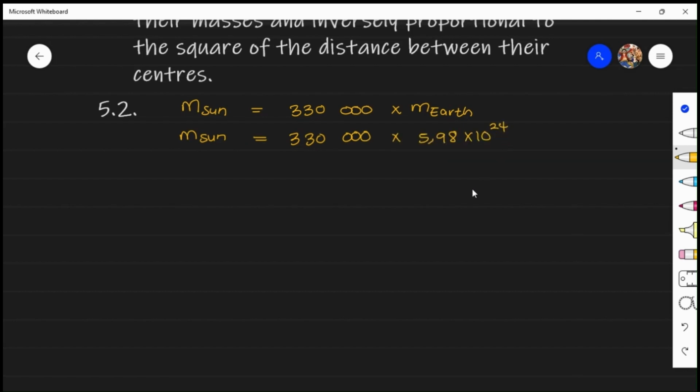Now keep in mind that value of 5.98 times 10 to the power 24 can be found at the back of your question paper under the constants table. So to avoid having a very long number, I'm going to keep this as is, and this is in kgs. So let us go back to our question.